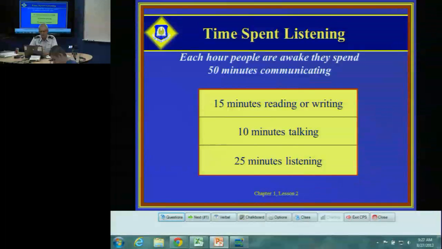At least half of the time, about 25 minutes, communication is auditory. You're listening to stuff online, to your boss, to people you're working with, to your coaches, and to teammates. That is how a lot of our ability to understand other people is communicated. So there's a need for better listening, the ability to actually discern it.